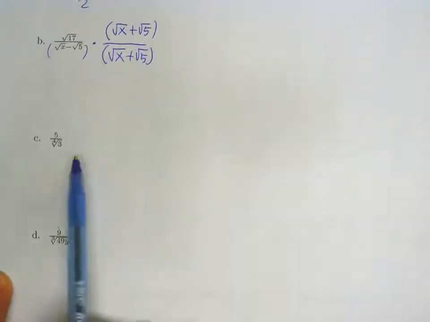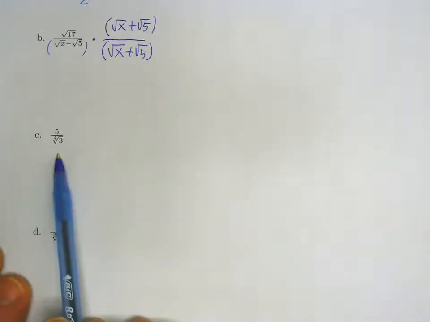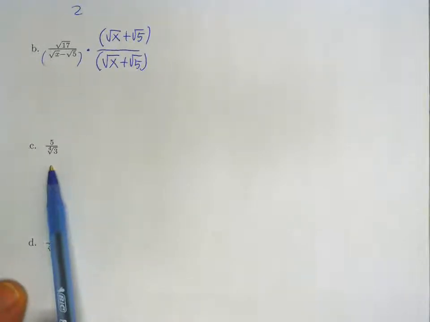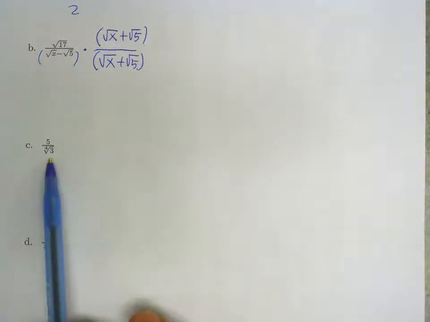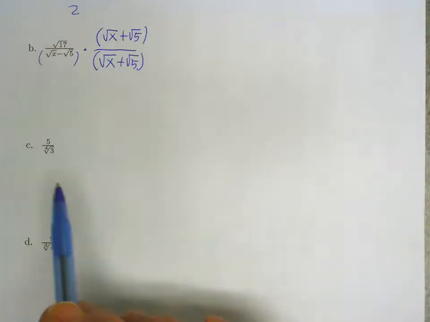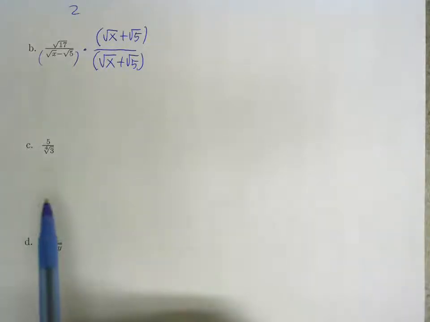Okay, the next example, 5 divided by the fourth root of 3. Well, the denominator is irrational because of the radical, the index 4. So we want to multiply by 1.